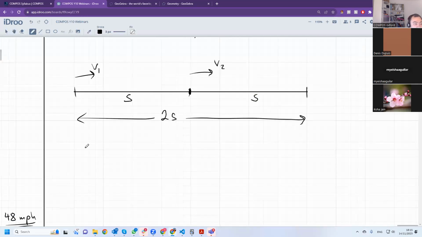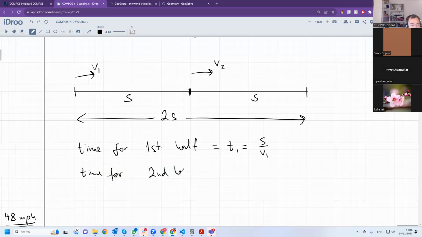So what is the time for the first half? S divided by V1. Time for the second half, T2, is S divided by V2.